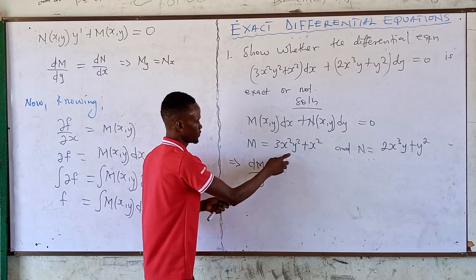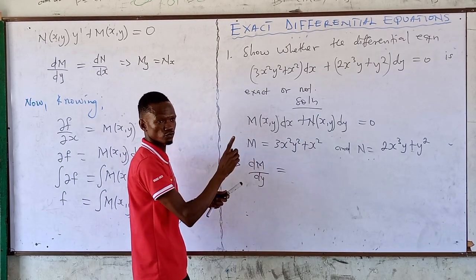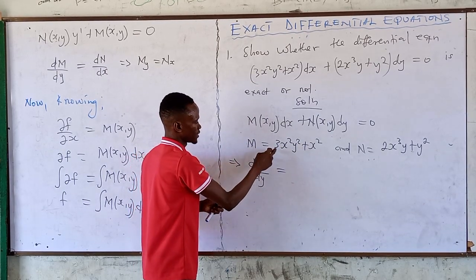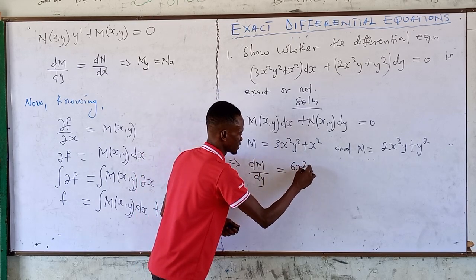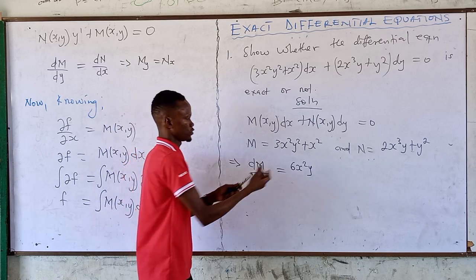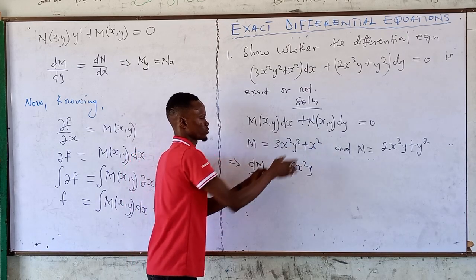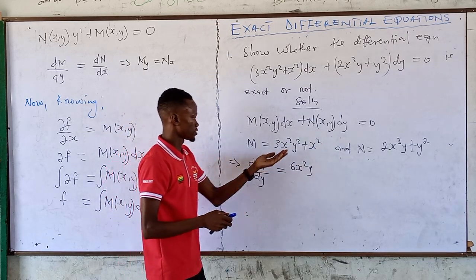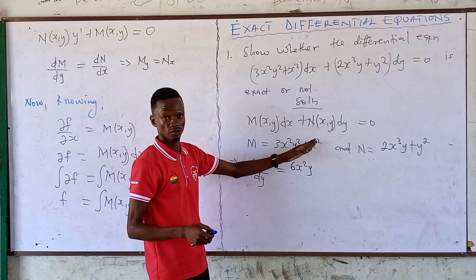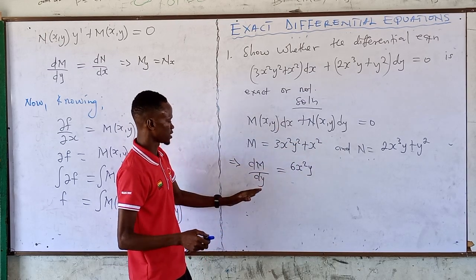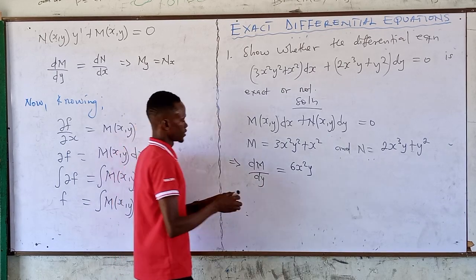Differentiating y squared gives 2y, and 2y multiplying 3x squared gives 6x squared y. Differentiating the other term, x squared, gives 0 because it is a constant, since we are differentiating with respect to y.